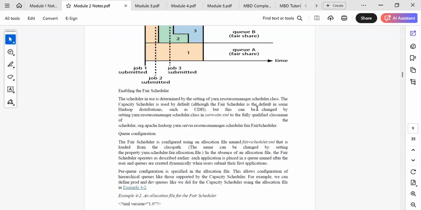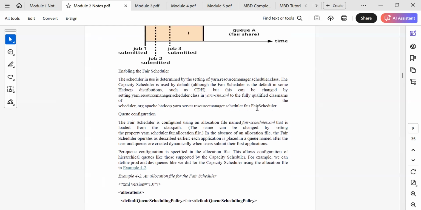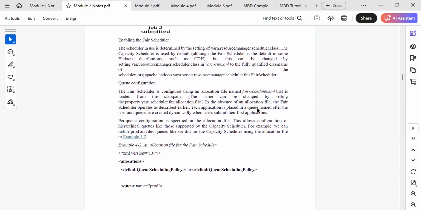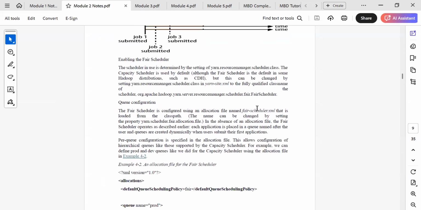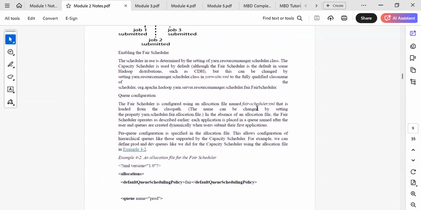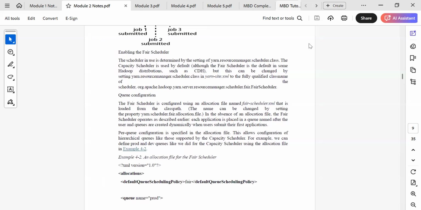In the allocation file for the fair scheduler, one XML code is given, so you just go through it. It starts with the XML version declaration, which is always given there. Let me pause. Here, in the form of XML, the allocation file for the fair scheduler is listed out.